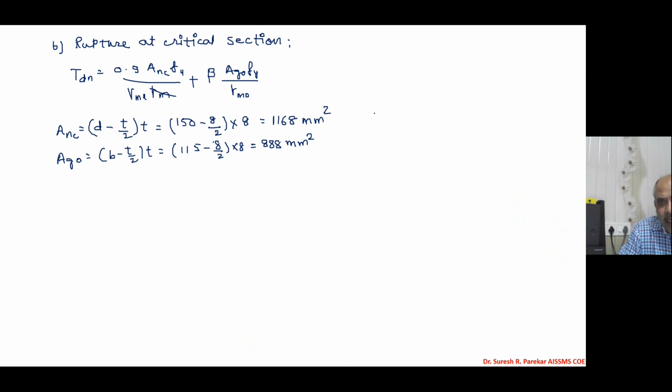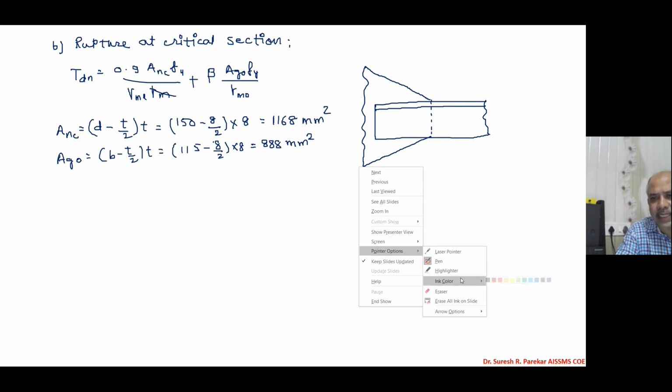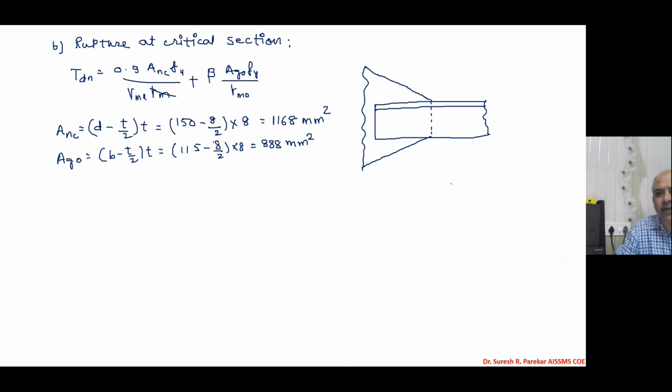Now, if I plot the connection, we have the connection in this fashion. We have given 140 millimeter on one side, on the other side we have 60. So 140 will be on which side? 140 mm should be on the leg side because the centroid will lie somewhere here, and therefore more force will be on this side.